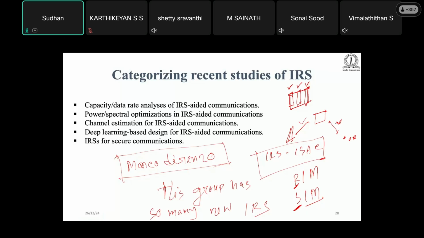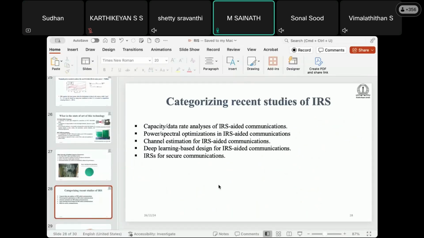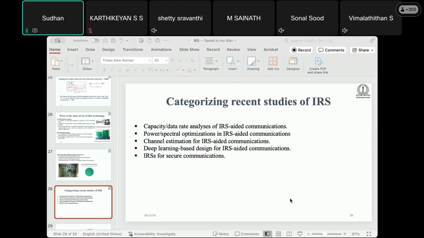In RIS, there are different types of unit cells. What is the space between the unit cells? Oh, okay. Space between the unit elements, right?